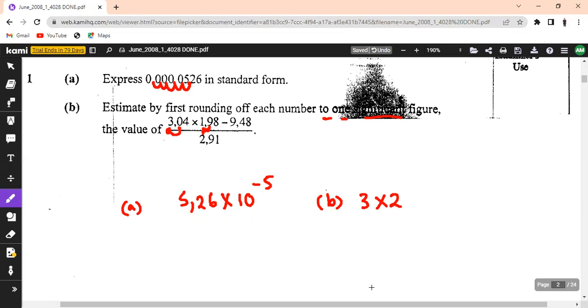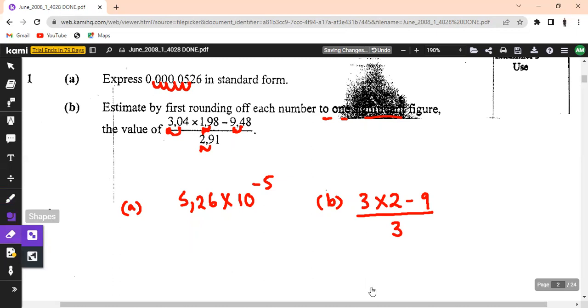All right, 9,48, this 4 is less than 5. So it can't change this number 9. So it's just going to remain as 9. Everything over 2,9, which is 2 here, the 9 is going to change the 3 into 3. Like that. So make sure also to observe your BODMAS everywhere, guys.